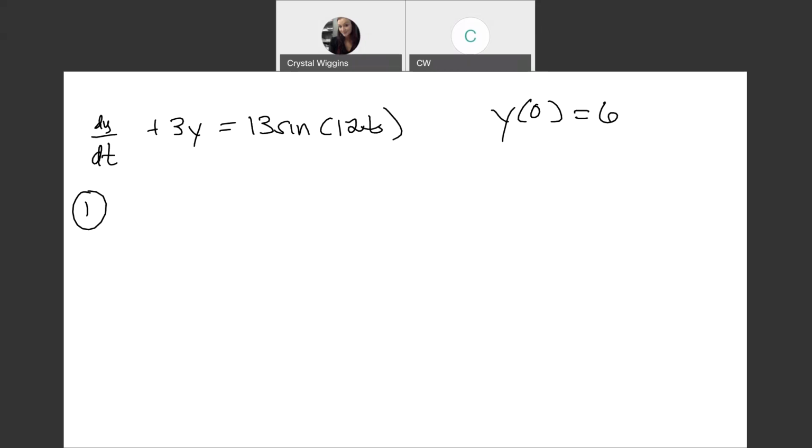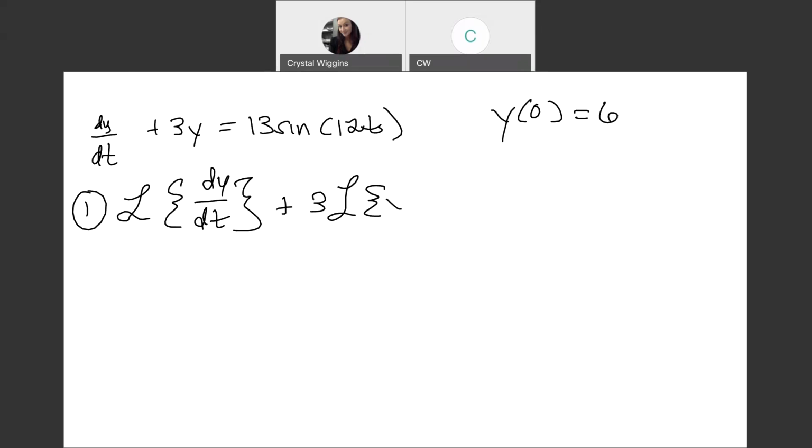Step 1, we take the Laplace transform of both sides. So we're taking the Laplace transform of the derivative plus 3 times the Laplace transform of y. Again, notice me taking out any constants. They're unnecessary to be in the transform. Is equal to 13 of the Laplace transform of sine of 12t.